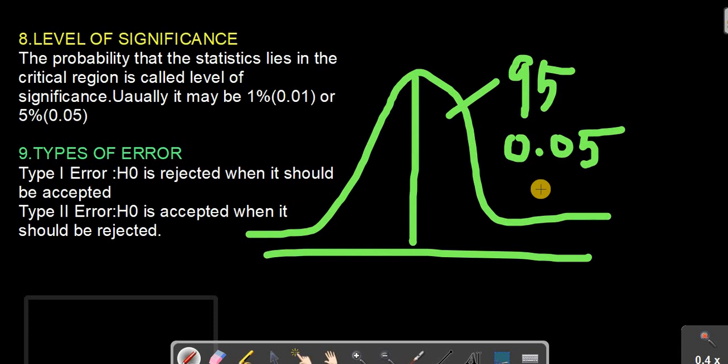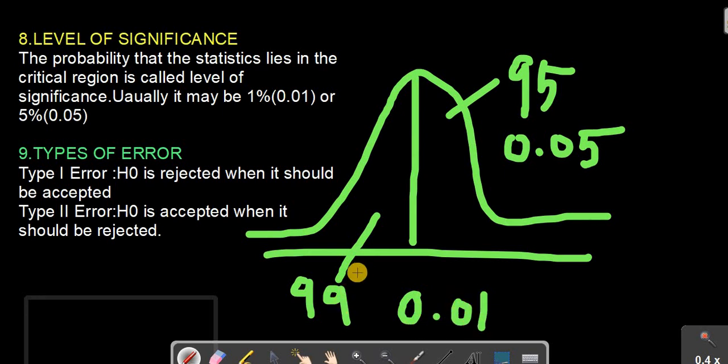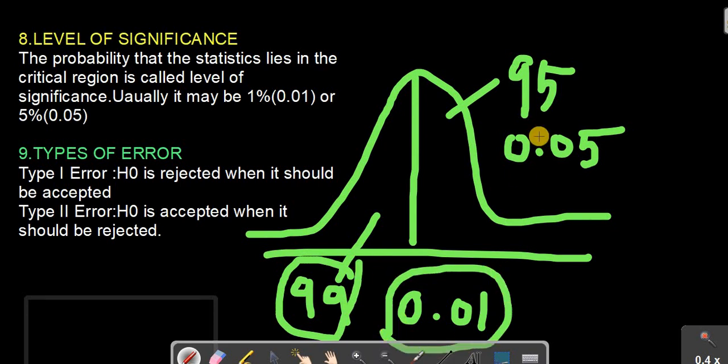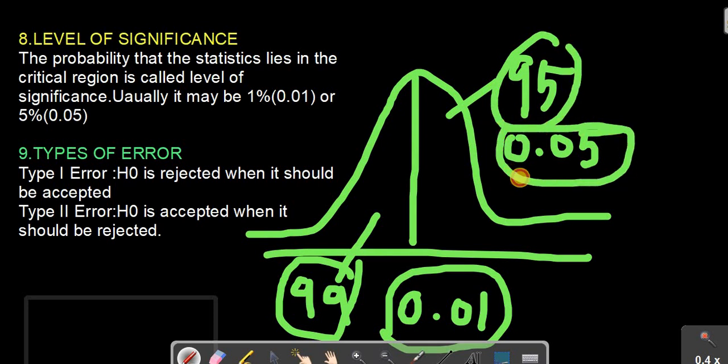If the level of significance is 5%, this amount only is significant and this amount is not significant. The other level we can say is 99%, where the level of significance is 0.01. So this is what we call the level of significance.